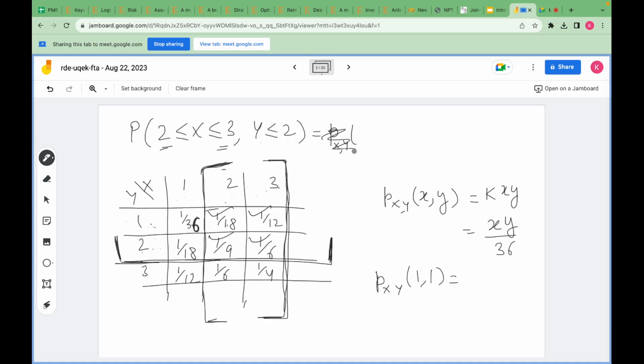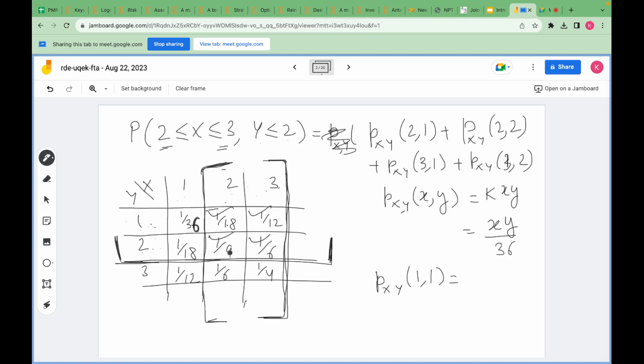So this probability is nothing but the summation of p(2,1) plus p(2,2) plus p(3,1) plus p(3,2).